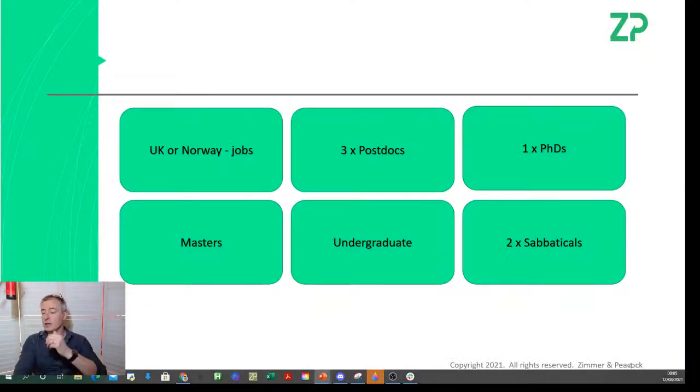So it's easy if you're in the UK or Norway to essentially get your foot in the door with Zimmer & Peacock, and I'm sorry that that's the case, but that's just a geographical reality of this. There are three ways of doing postdocs with ZP, and I will cover those as well. There's a PhD way in with Zimmer & Peacock.